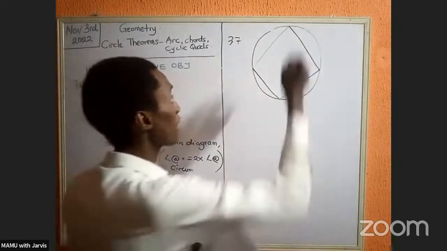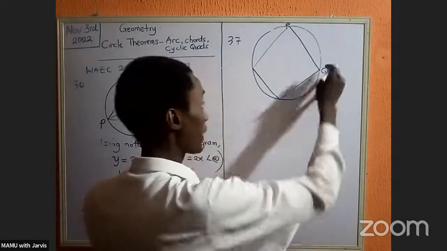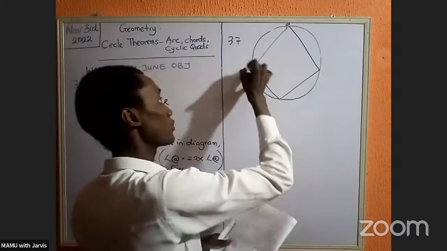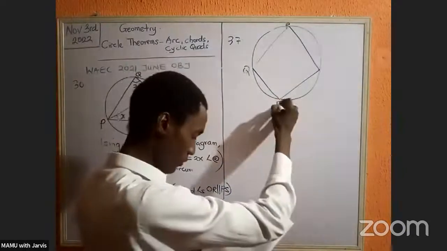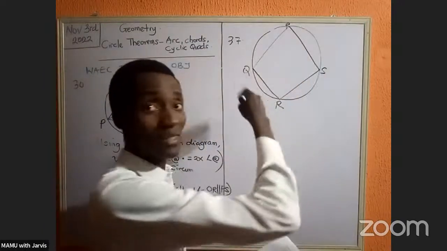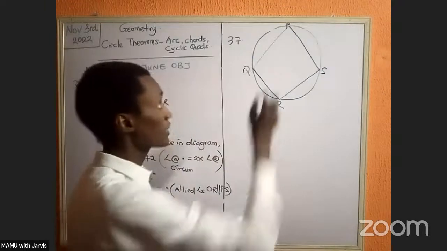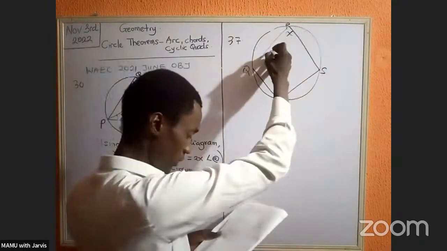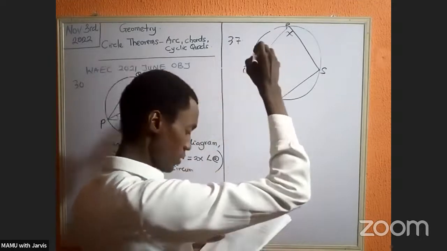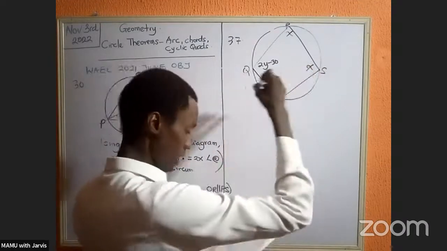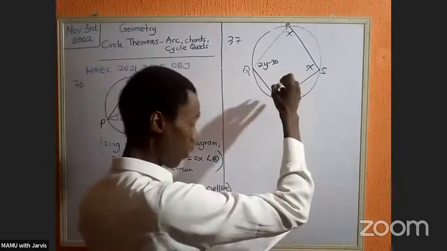So we're going to have here P, Q, R, and S, because the teacher decided to name anti-clockwise. We always take a definite pattern when we label. So with that settled, we're giving this side 2y minus 30 degrees, this side x, and this side x plus y.